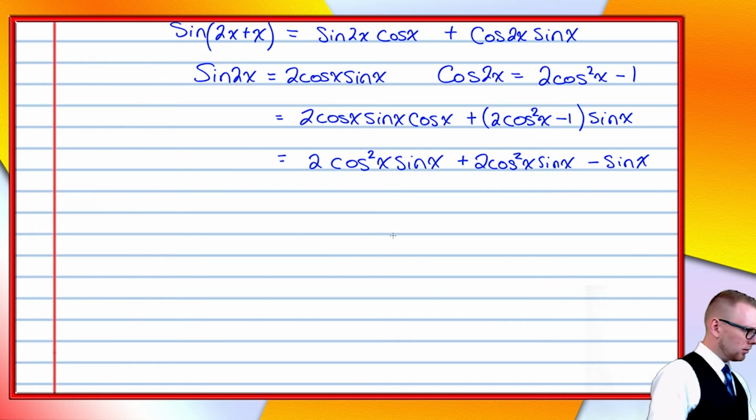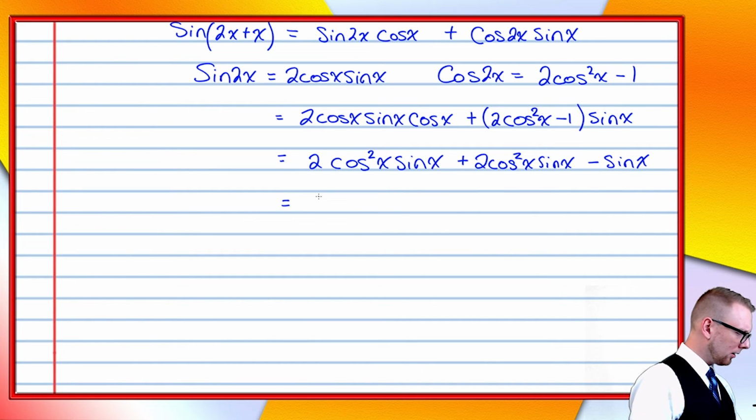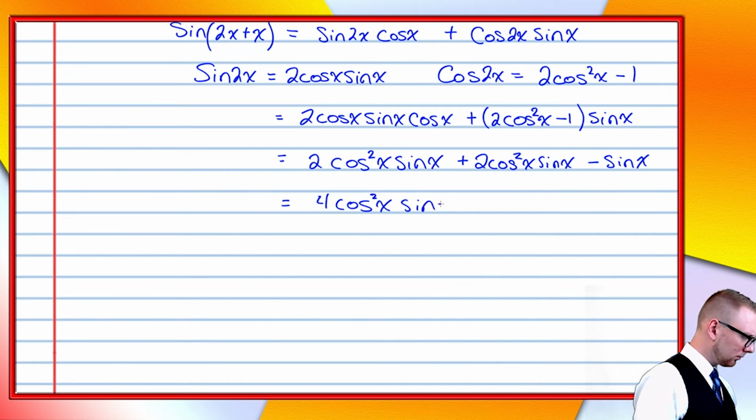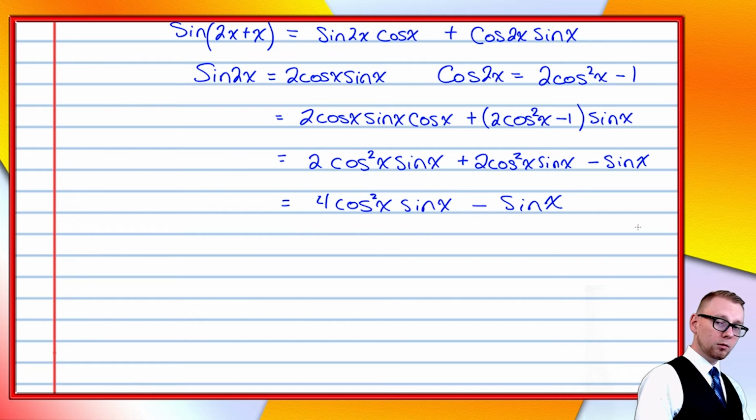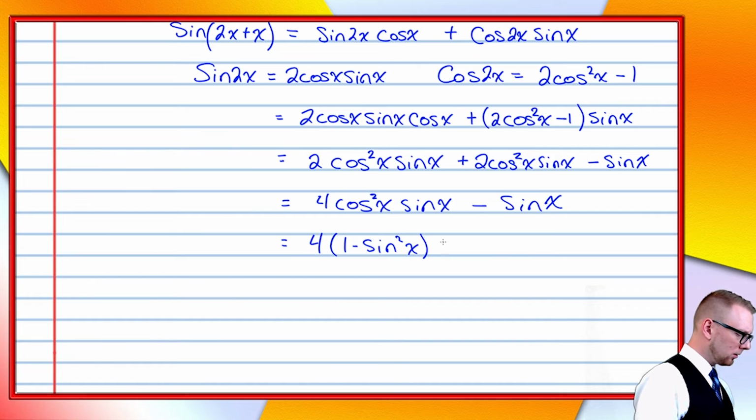Okay, let's add these two together. We've got 4 cos squared x sine x minus sine x. Well, remember, cos squared is just 1 minus sine squared. So we can write 4 times 1 minus sine squared x, times sine x, minus sine x.